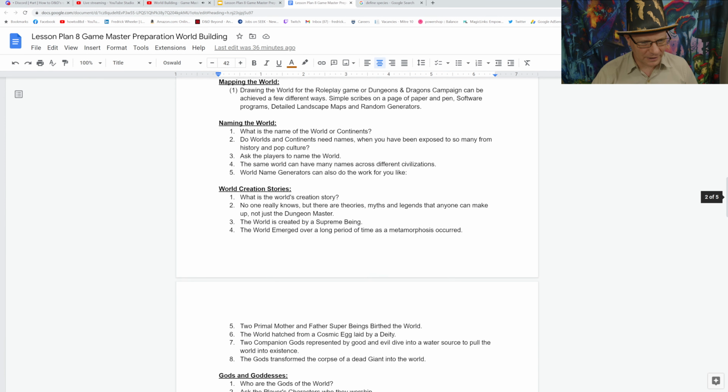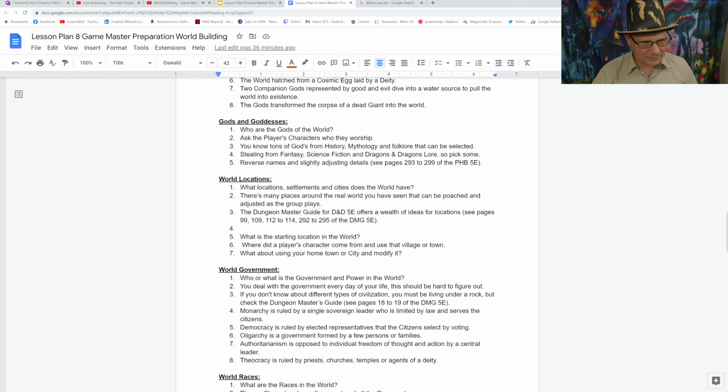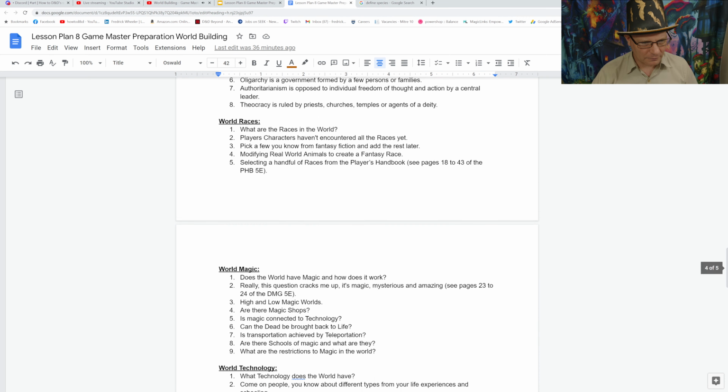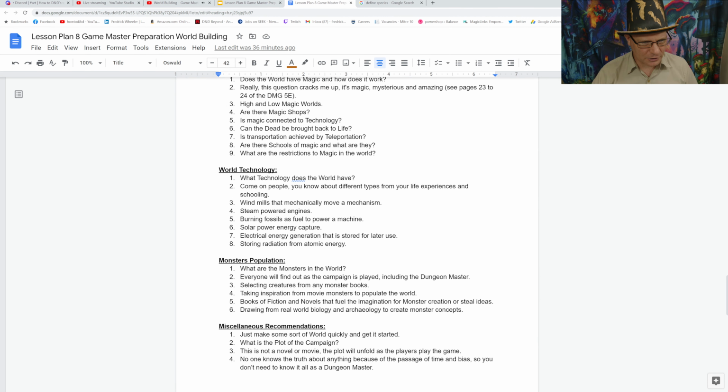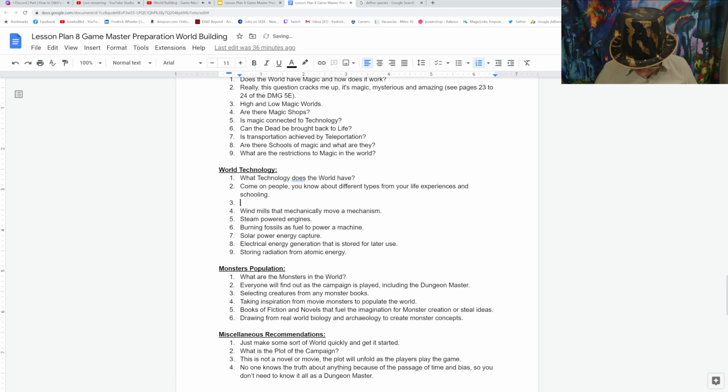I'm just going to write down here and make sure I don't lose that, because I probably will. Race, no, magic technology. Okay, windmills. Fire creating energy would be the first step, possibly.